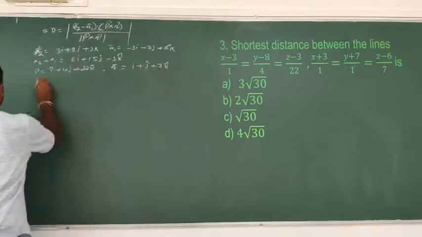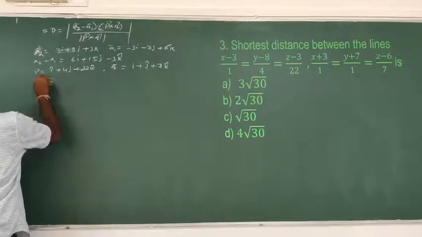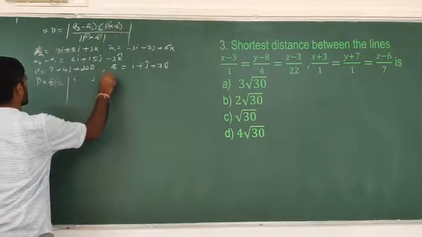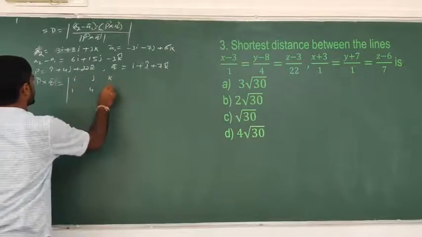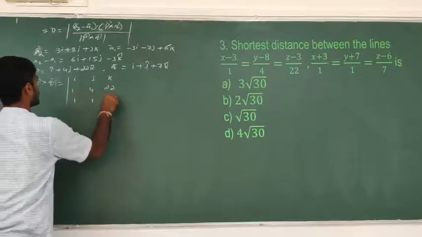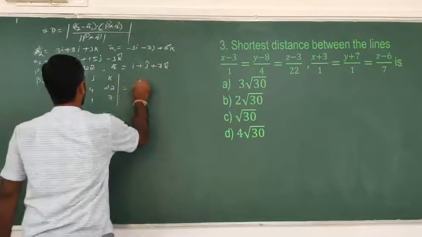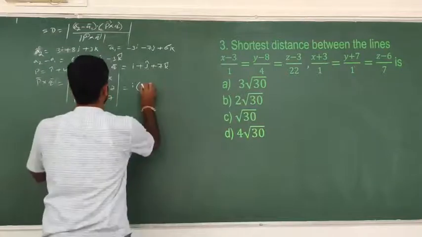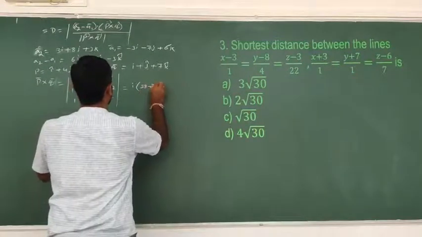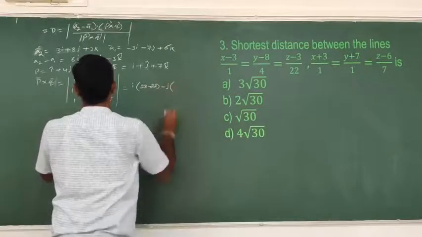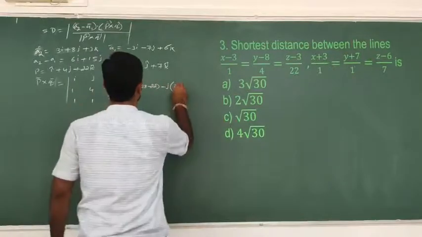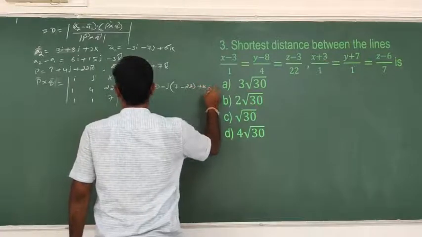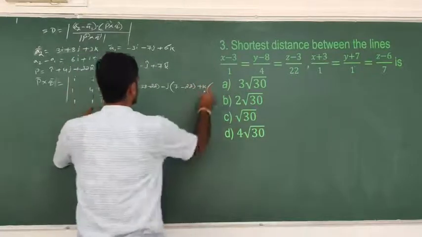Now find p cross q. P cross q is the determinant of i, j, k; 1, 4, 22; 1, 1, 7. So that is i times (4 times 7 is 28, minus 22 ones are 22), minus j times (7 minus 22), plus k times (1 minus 4).